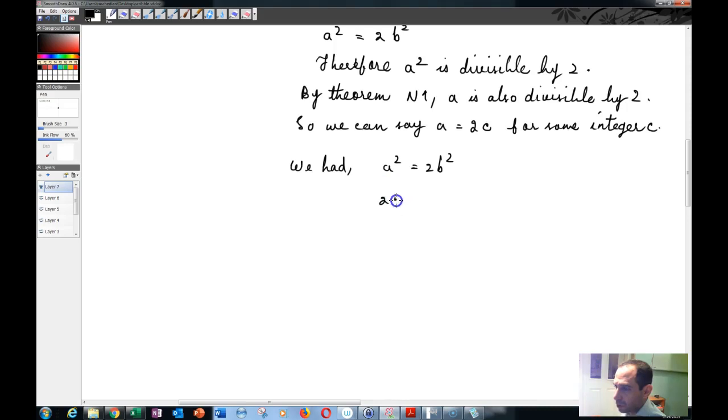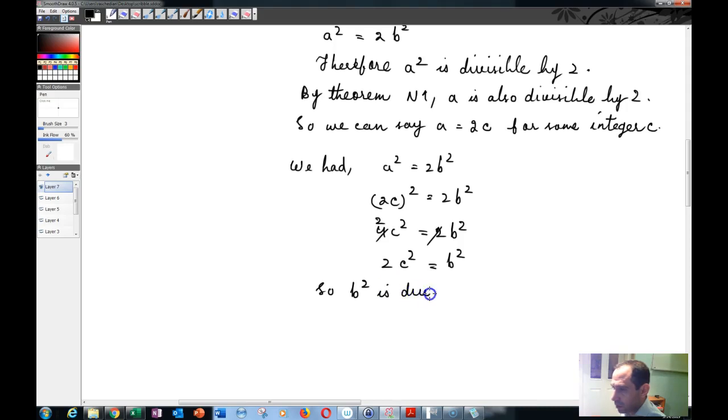So basically 2c whole squared is equal to 2b squared, and 4c squared is equal to 2b squared, and that means that 2c squared is equal to b squared. That means that b squared is equal to 2c squared. And what that means is that now b squared is divisible by 2, because as you can see here, one of the factors of b squared is 2.